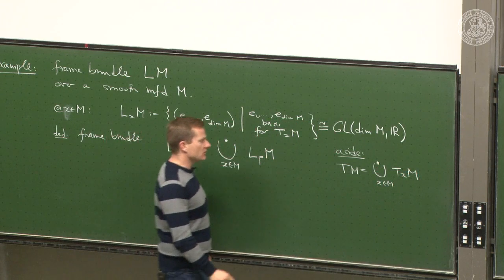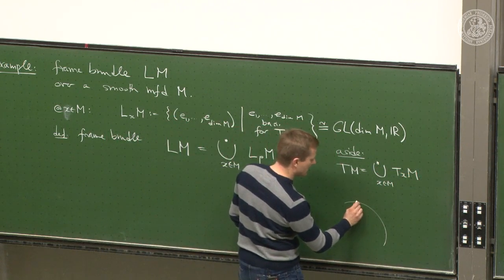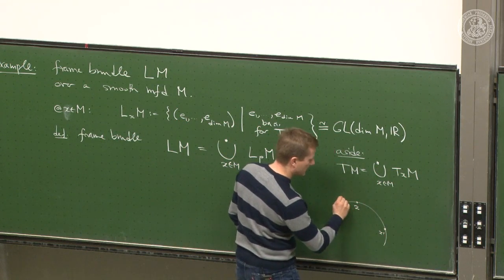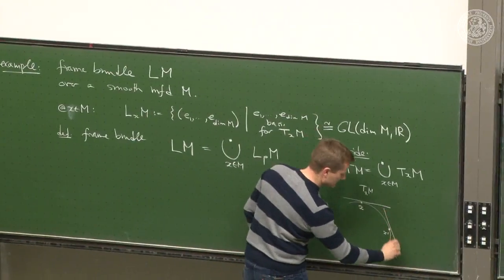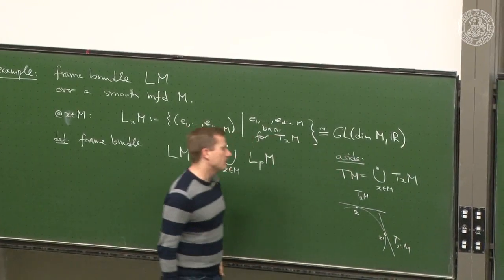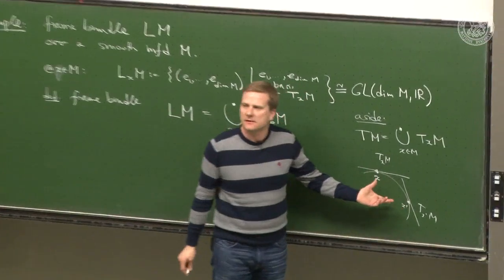And so that means you think for instance about part of the sphere. So you have the point x here, and you have the point x prime here, and there's the tangent space T_xM, and here is the tangent space T_x'M. Now, you can think, these are entirely different spaces, right?